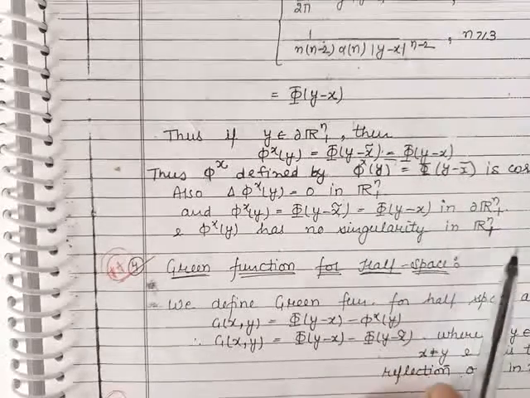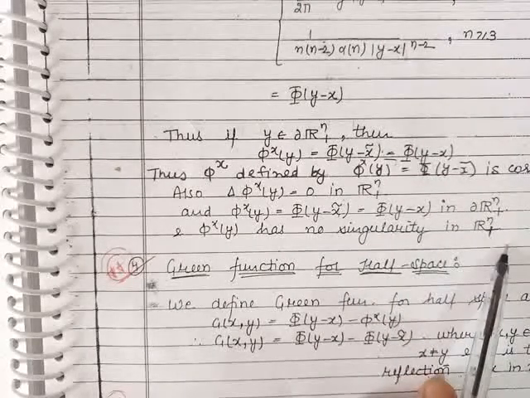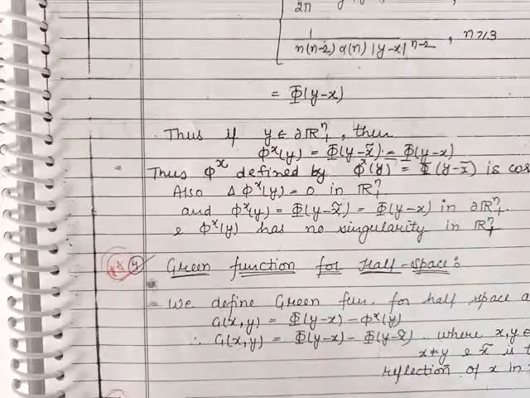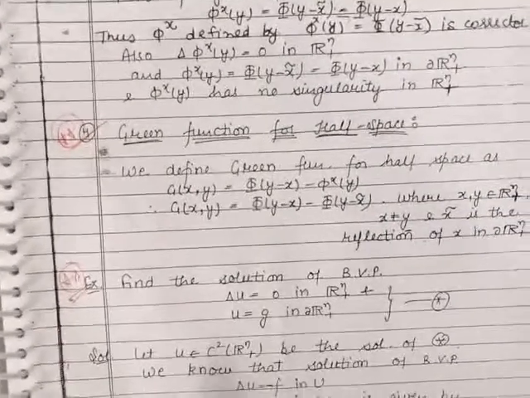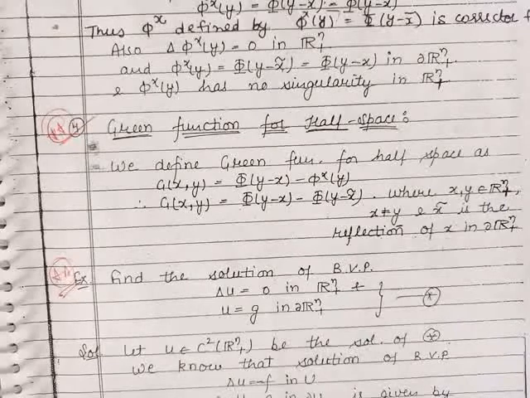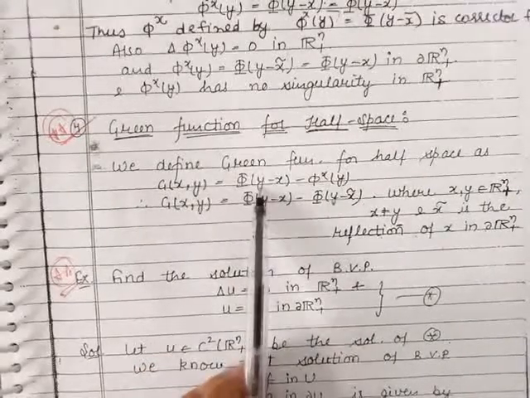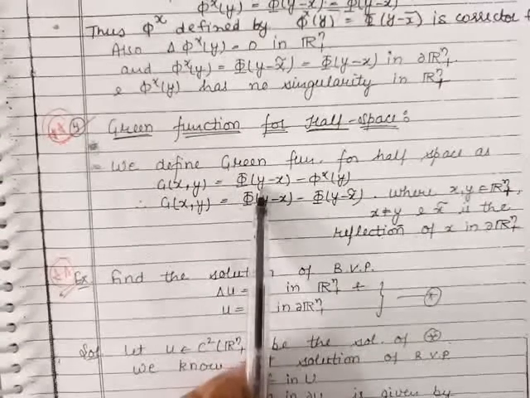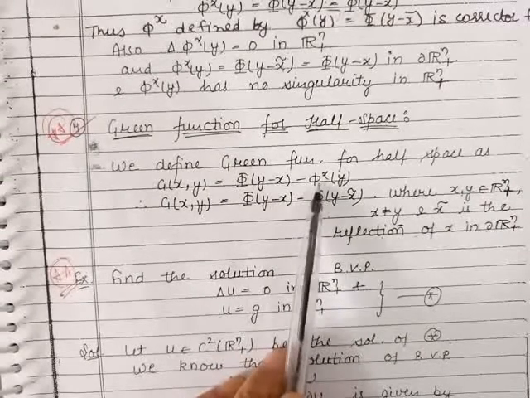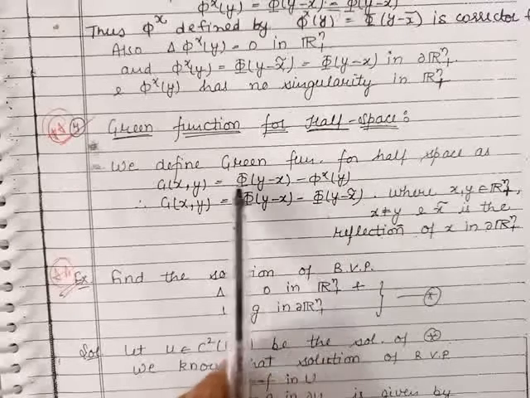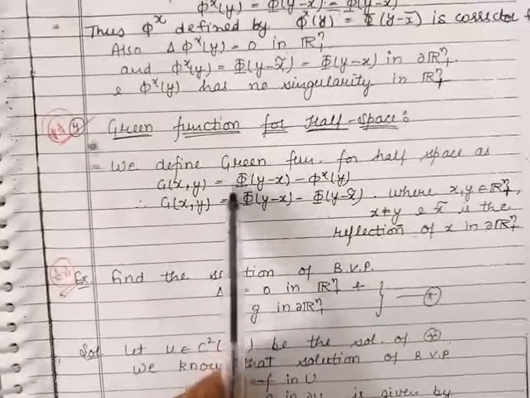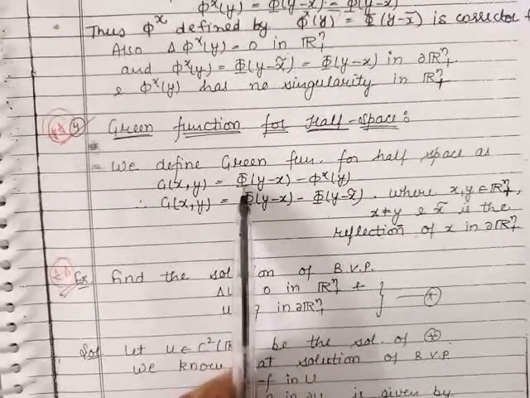So we can say that the function defined by us, that is the corrector function, is having no singularity in open upper half space. Now by using this definition, we can define Green's function for half space. By definition of Green's function, it is given by the difference of phi of y minus x with corrector function phi xy. This phi is fundamental solution of Laplace equation.